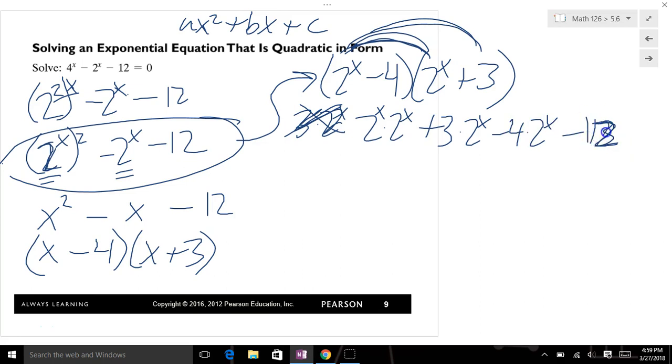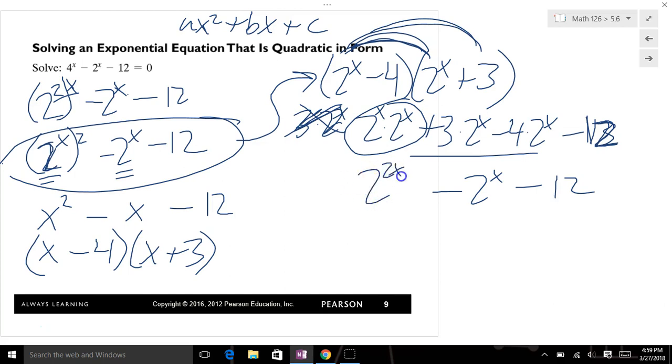Well, 3 times 2 to the x minus 4 times 2 to the x is a negative 1 times 2 to the x. And this 2 to the x times 2 to the x is 2 to the x plus x, in other words, 2 to the 2x. In other words, 2 squared to the x, which is 4 to the x. So see how that factors? Well, that's just my check.